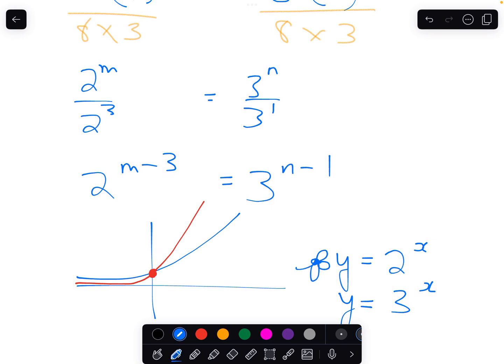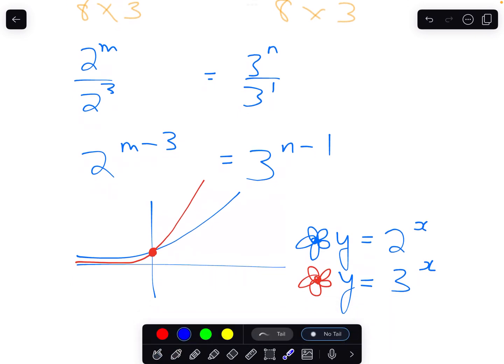So actually, never mind my reasoning, eh? Right, so this is y is equal to 2 to the x and y is equal to 3 to the x. So that's fair. The only way that these two could be equal is if the exponents are both 0, because that's where these two graphs intersect, when the exponent is equal to 0 and the output of the function at this point is 1.